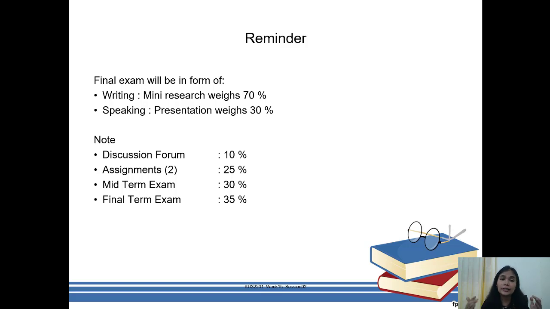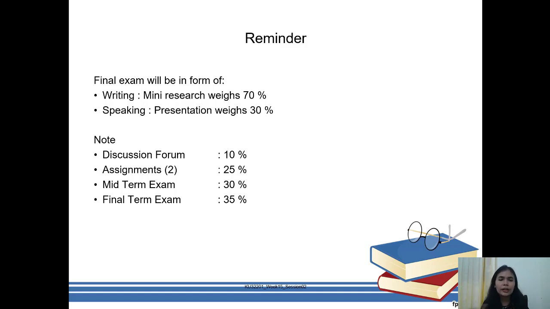The writing is the mini research paper that you have done from week 9 until week 14, and it weighs 70%. Make sure that you cover all the elements in the mini research. And then after that, we'll do the speaking test, which is in the form of a presentation, and it weighs 30%.